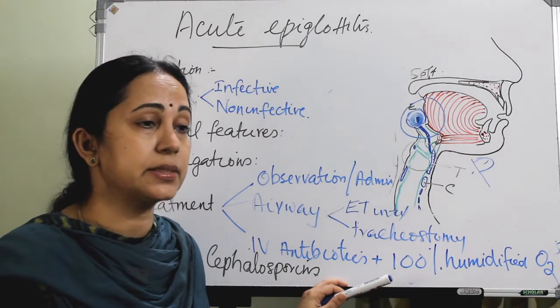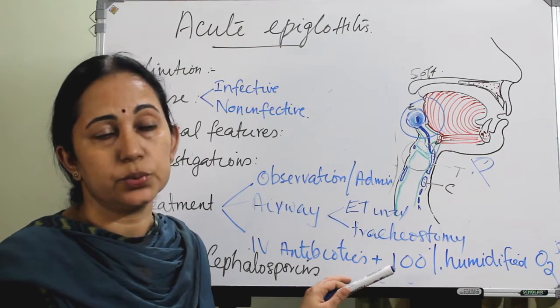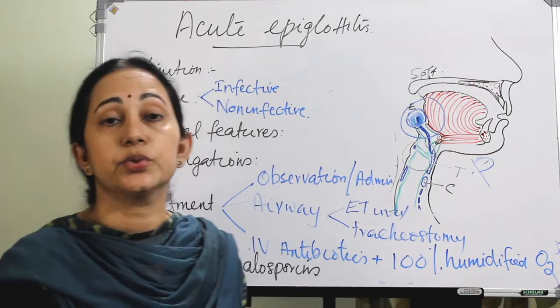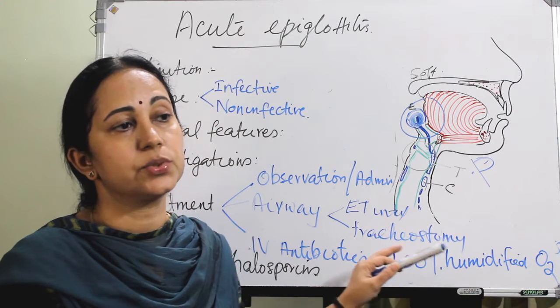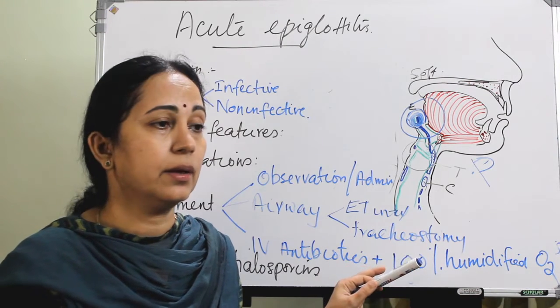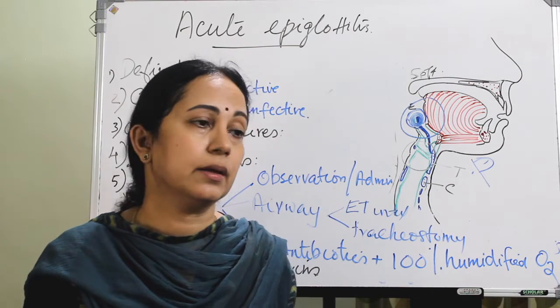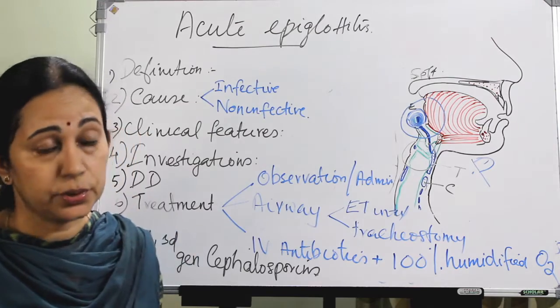Okay, ceftriaxone, ampicillin sulbactam and chloramphenicol, along with the 100% humidified oxygen. And being well equipped with airway management is the most important thing, because the commonest cause of death is cardiorespiratory arrest due to respiratory failure. That should not happen in any case. Next is complications.